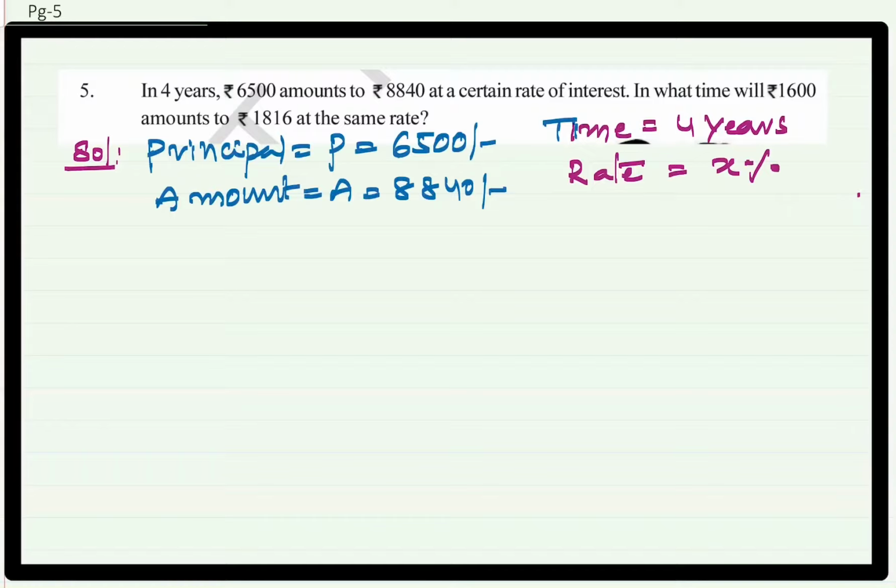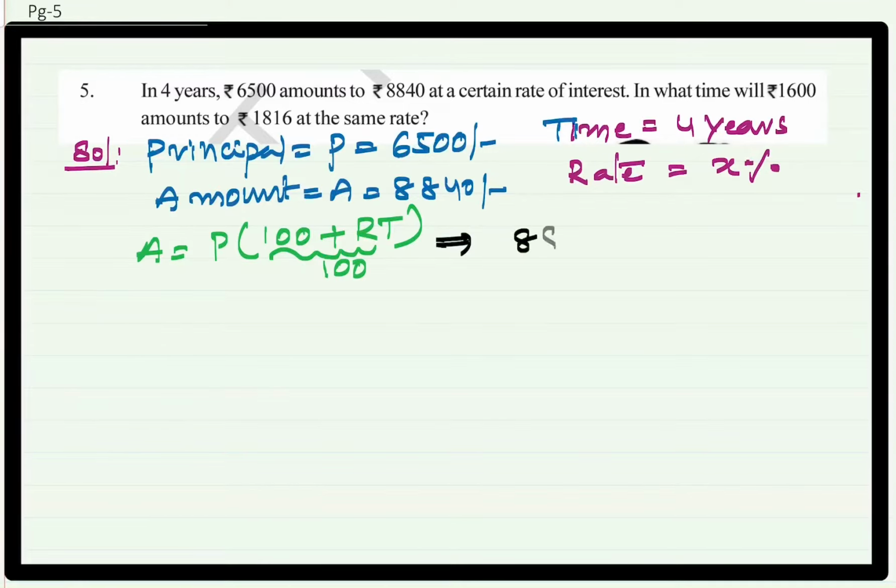Here we have to write the formula to find the amount. Amount is equal to P times (100 plus RT) by 100. So here A equals P times (100 plus RT) by 100. Now substituting the values in this formula, amount is 8,840.